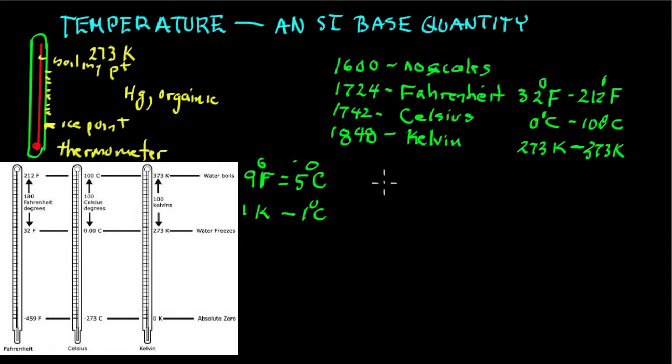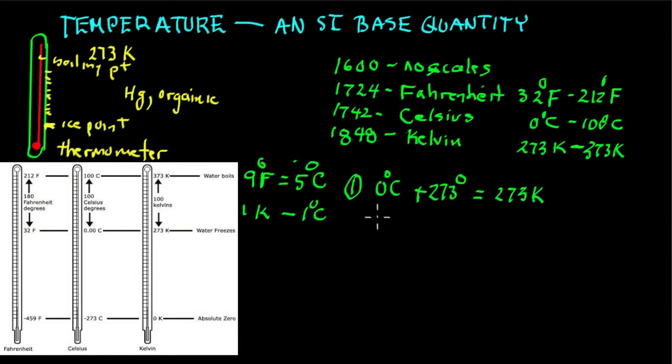So, in terms of conversions, which you have to do, let's say you have a temperature of 0 degrees Celsius, and you want to convert it to Kelvin. This is our conversion. 0 degrees Celsius, you just add 273 degrees, and that becomes 273 Kelvin.